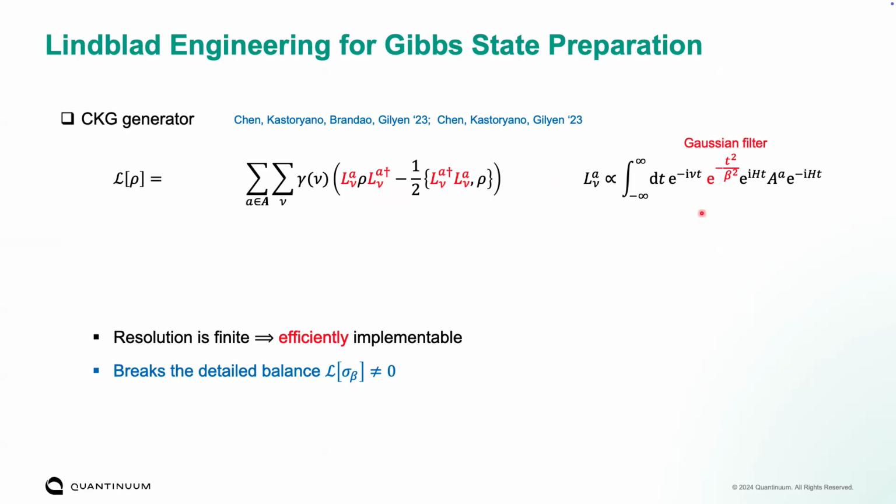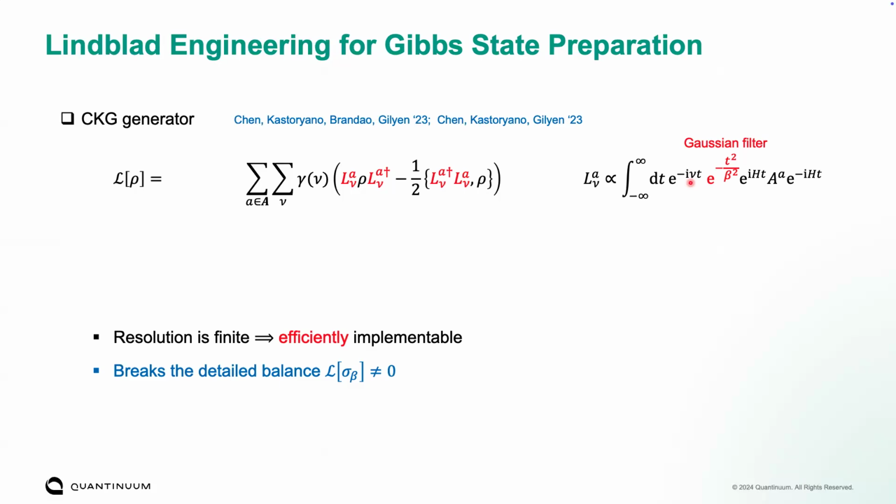So you limit the precision in the frequency domain, and instead, you are allowed to truncate the interval in t because of this Gaussian filter. I think it's quite natural: just by introducing uncertainty in the temporal direction, that leads to uncertainty in frequency. So it's nice. Now, the resolution is finite, but if you introduce a truncation in the temporal interval, then it seems efficiently implementable.